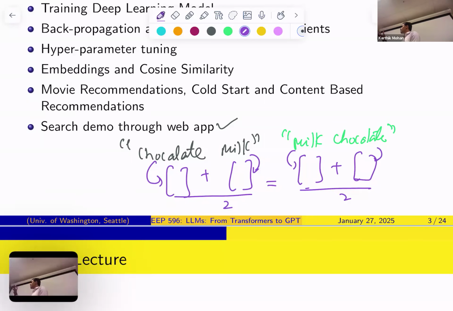You just swap the order, but for the averaging, it didn't matter. So milk chocolate will have the same embedding as chocolate milk. But do we want it to have the same embedding? No. If you care about it being a chocolate or a milk, then this will not tell you that. It'll tell you it has both, right? So we said that ordering matters.